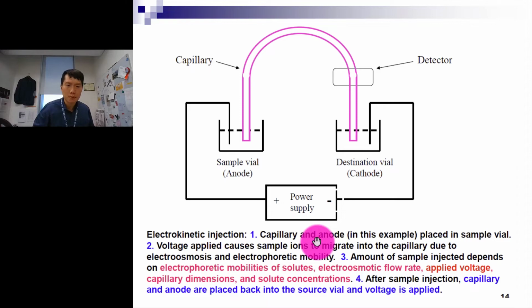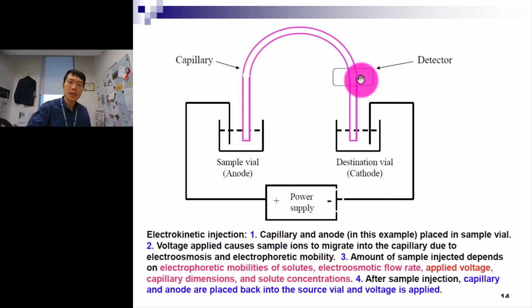How do you know that we are using electrokinetic injection? There's always a little rod. This rod is normally thicker than your capillary, and it's normally about silver color, right? So it's an electrode per se. And then when you put in some electrons there, it will just cause the flow of ions from the sample vial to the destination vial.